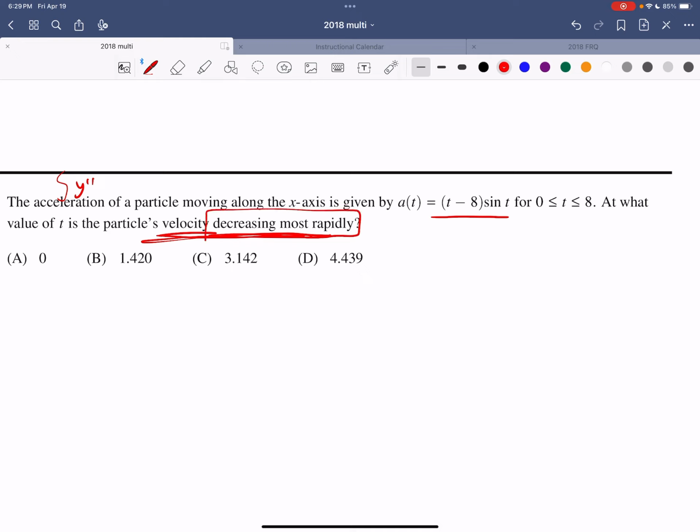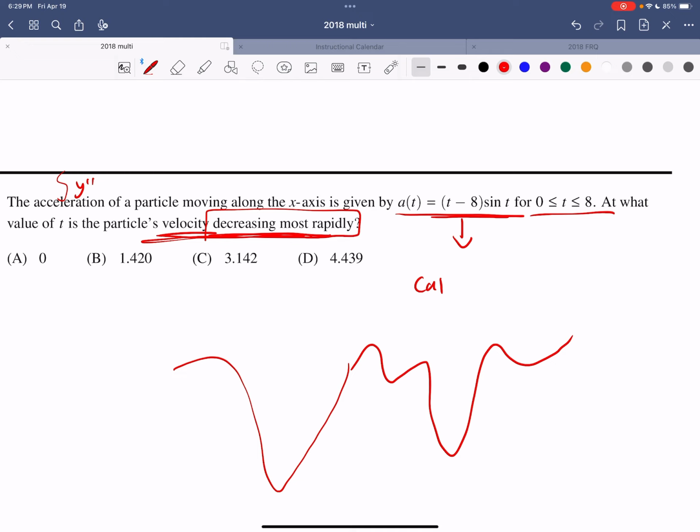You don't even have to take the antiderivative, because you just put this one into the calculator and graph it, and you're going to have some graph like that from 0 to 8. Let's say this is 0, this is 8. The most rapidly decreasing means the most decreasing portion, which means the lowest point. You're looking for this point.